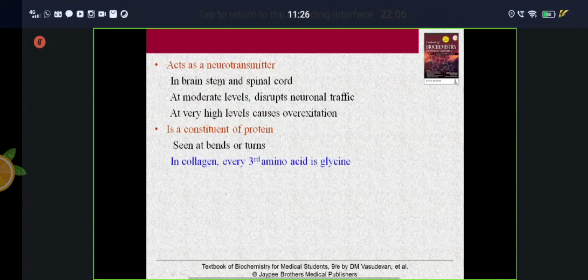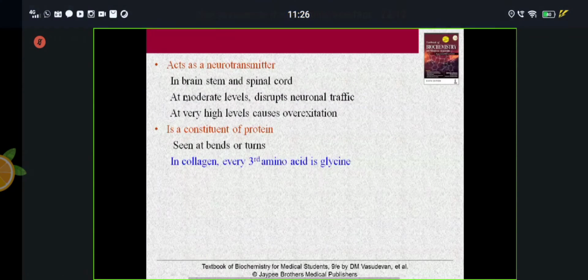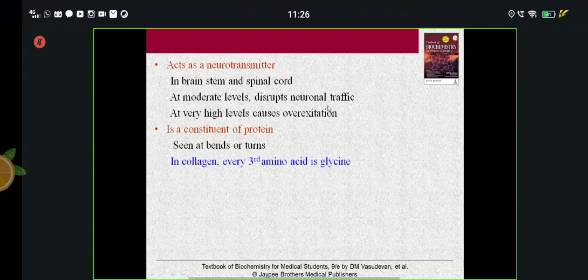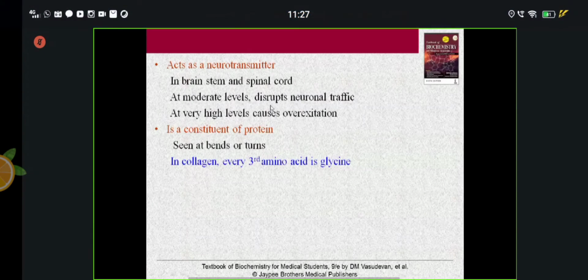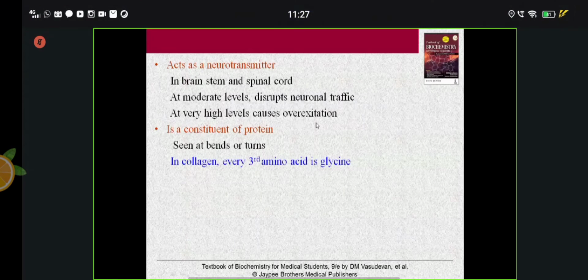And glycine is also a neurotransmitter. What is to be remembered is that when it is at a moderate level, it acts as an inhibitory neurotransmitter, causing depression. It is an inhibitory neurotransmitter at low or moderate levels. But at high levels, it causes overexcitation and acts as a positive neurotransmitter.